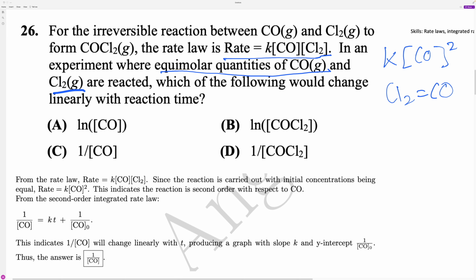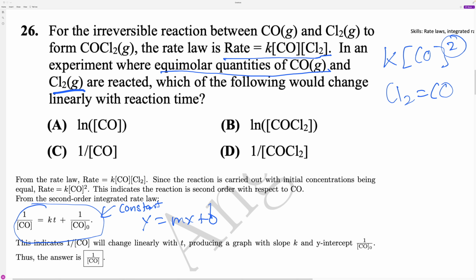So if you notice this here, the order of this is going to be 2 because that's the sum of the exponents. So you need to know your second order integrated rate law, which is this right here. And if you notice, this is in the form y equals mx plus b. This is going to be constant since it's determined based on the initial concentrations, not the concentrations throughout the reaction.